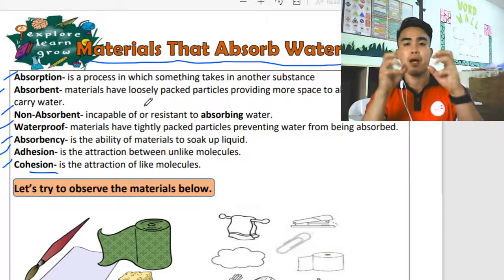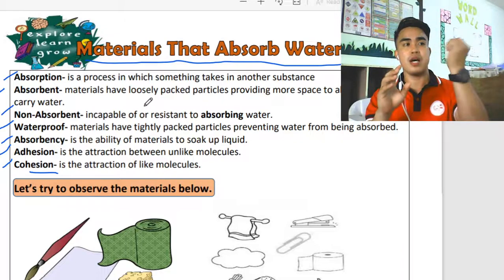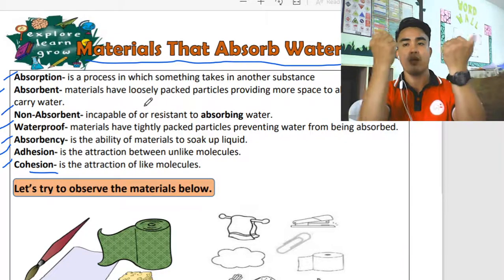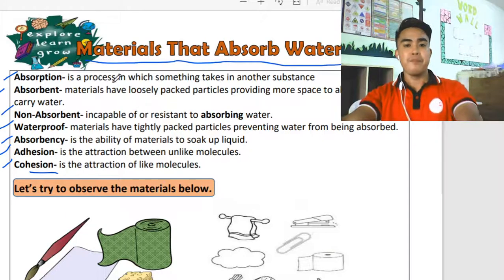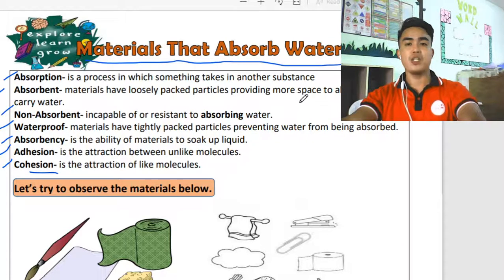Loosely packed, so there is a distance between the particles. Absorbent materials have loosely packed particles providing more space to absorb and carry water.